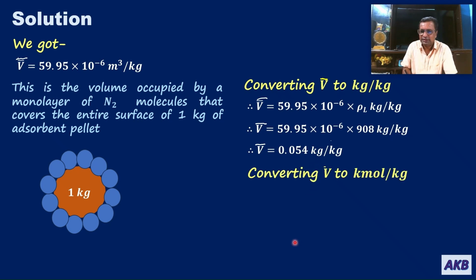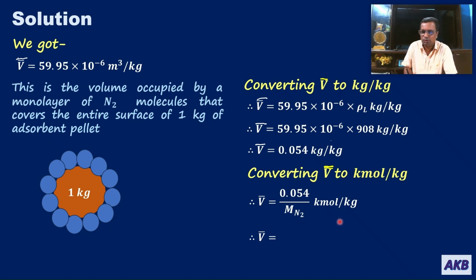Now next, in order to get the number of molecules, I will have to convert V bar from kg per kg to kilomole per kg. So for that, V bar is equal to 0.054. In order to convert kgs to kilomole, I will have to divide by the molecular weight of nitrogen. So V bar is 0.054 divided by the molecular weight of nitrogen.